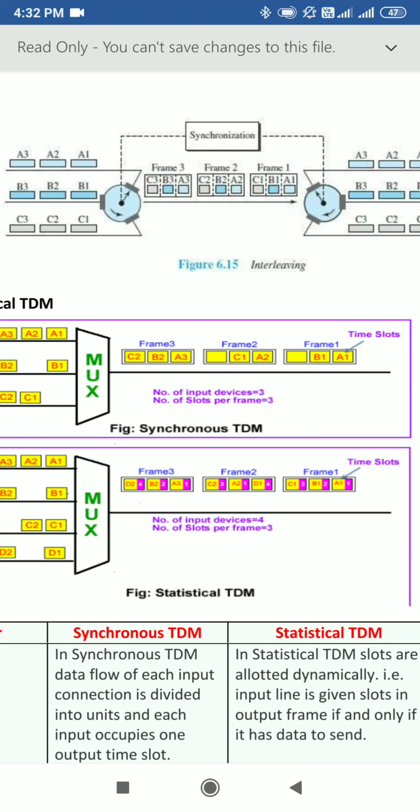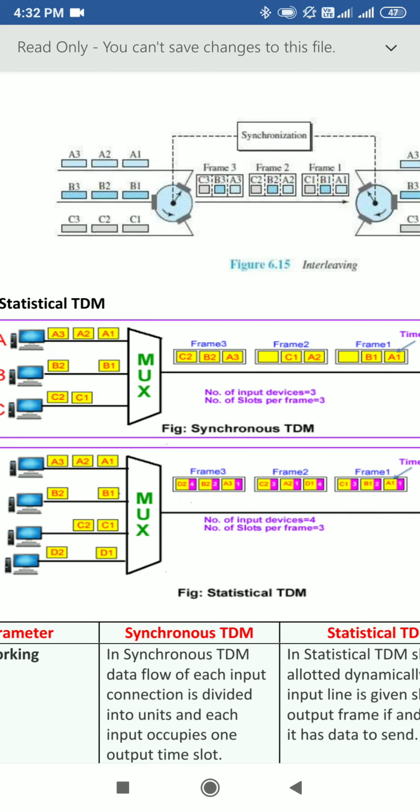So these 1, 2, 3 are nothing but the addresses of the data units. A1, B1, C1 are the data units. The meaning is A1 belongs to the first device, B1 belongs to the second device, C1 belongs to the third device. D1 data belongs to the fourth device, A2 data belongs to the first device, C2 data belongs to the third device.